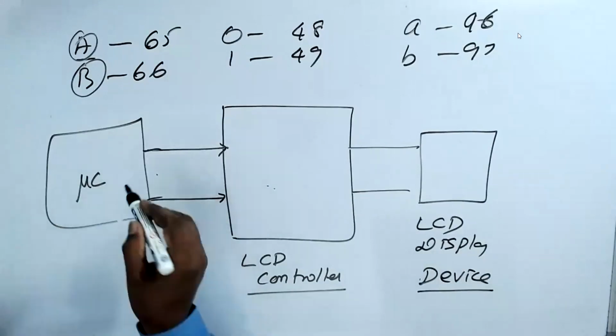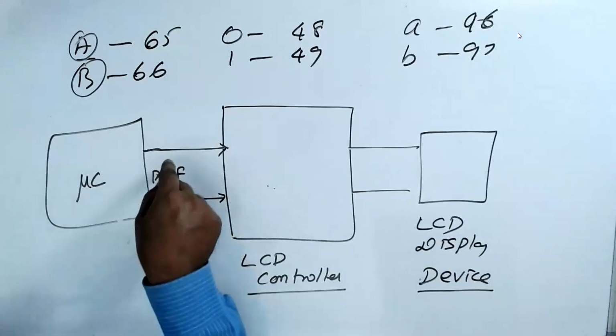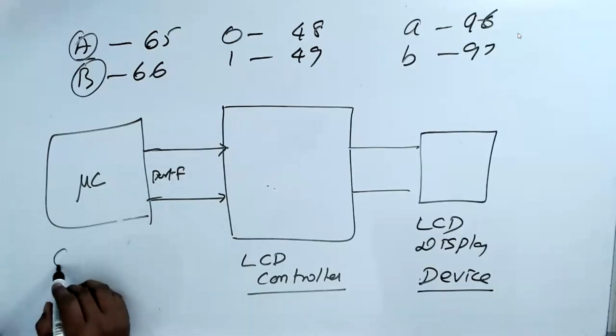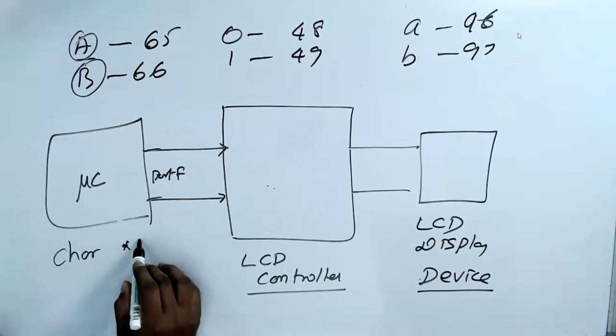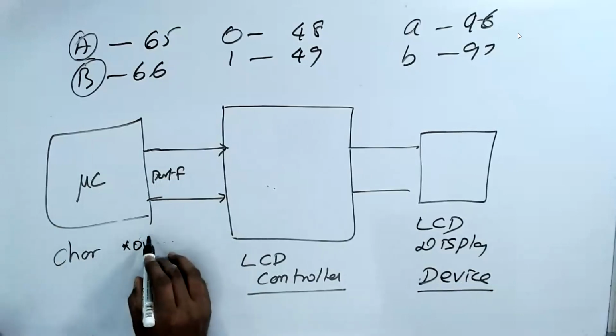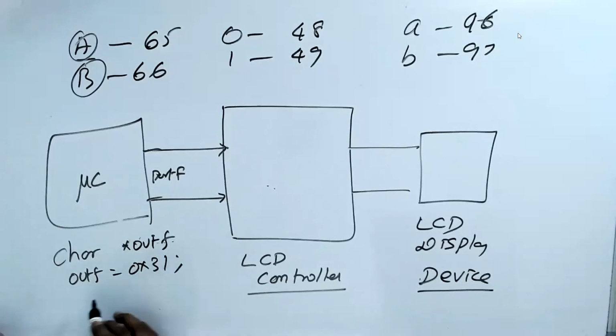Let us say I'm connected to port F. I say char star port F or out F, and I say out F is equal to 0x31. Star out F is equal to 65.